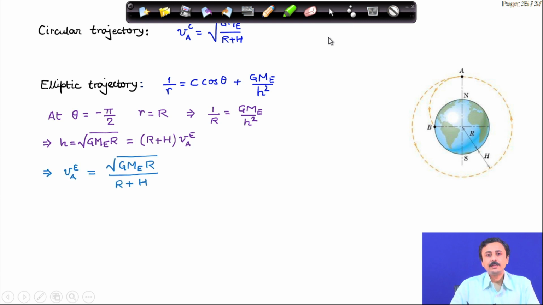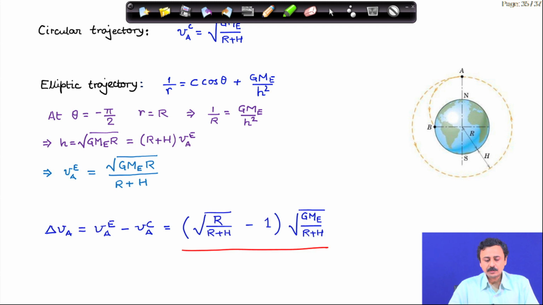And from here the velocity on the elliptic path at A should be this quantity, under root G M e, r by r plus h. H is the height of the satellite from the surface of the earth, capital H. Therefore, in this case it is a reduction in speed.